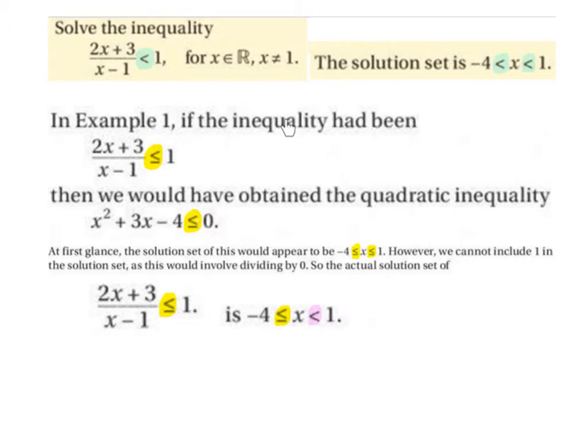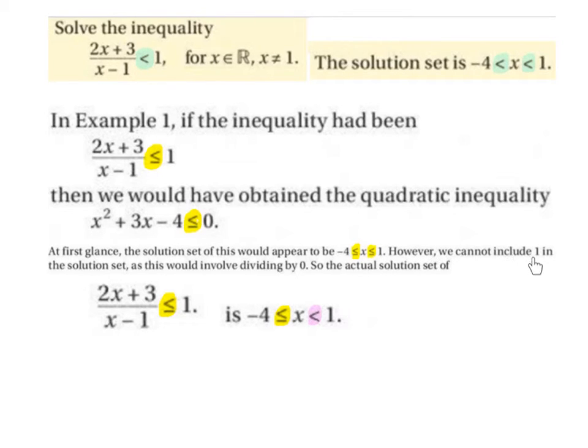In our example, if the inequality had actually been less than or equal to 1, then we would have obtained the quadratic inequality x squared + 3x - 4 ≤ 0. And at first glance, the solution set of this would appear to be x is greater or equal to -4 and less than or equal to 1.